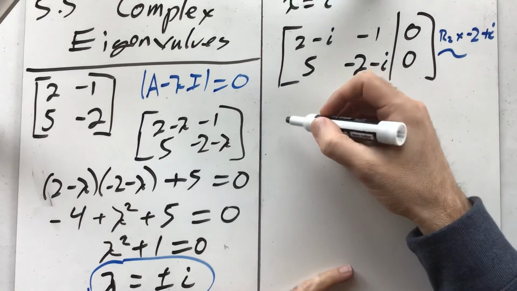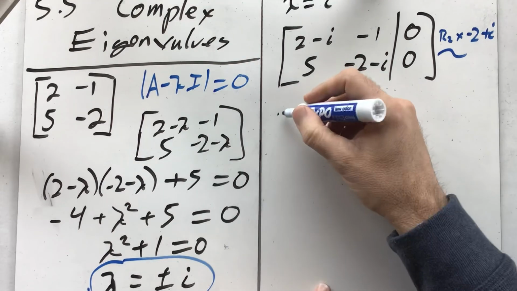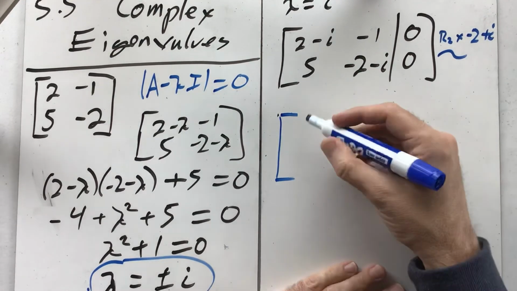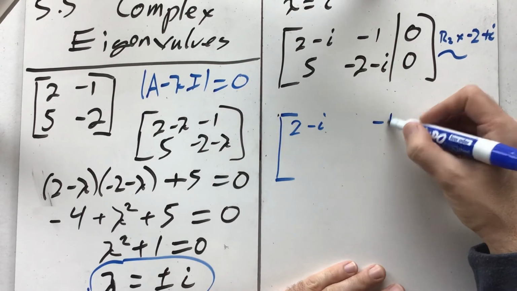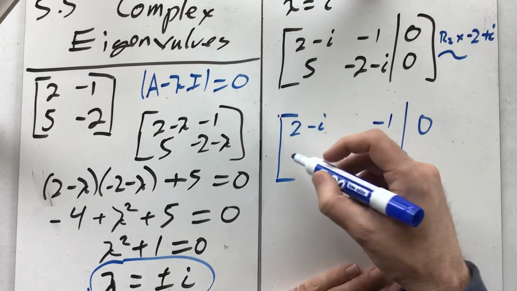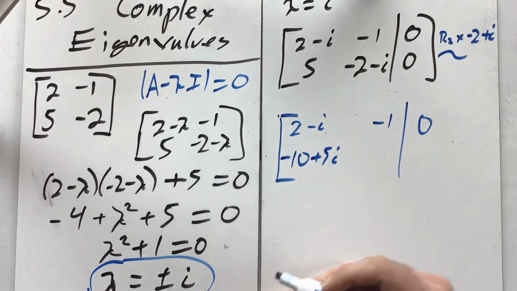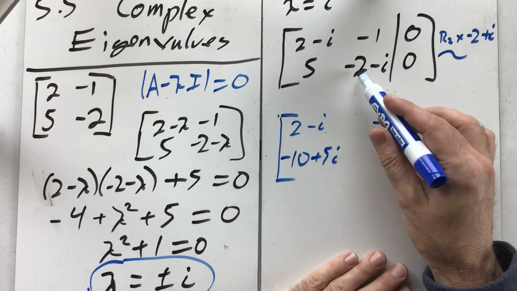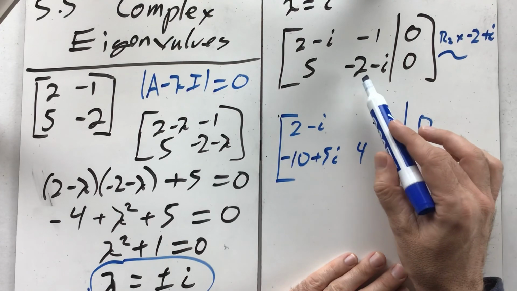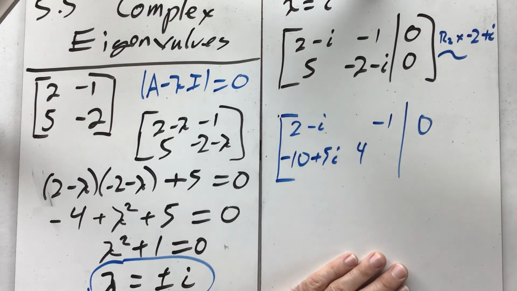So when we do that, and let's just keep writing in blue the whole time, let's see what we get. What we get is 2 minus i, negative 1, 0. And then here we've got 5 times negative 2 is negative 10. 5 times i is plus 5i. And then here we'll get negative 2 times negative 2 is 4. And then this is a conjugate, so we get minus 2i and plus 2i, so those cancel out.